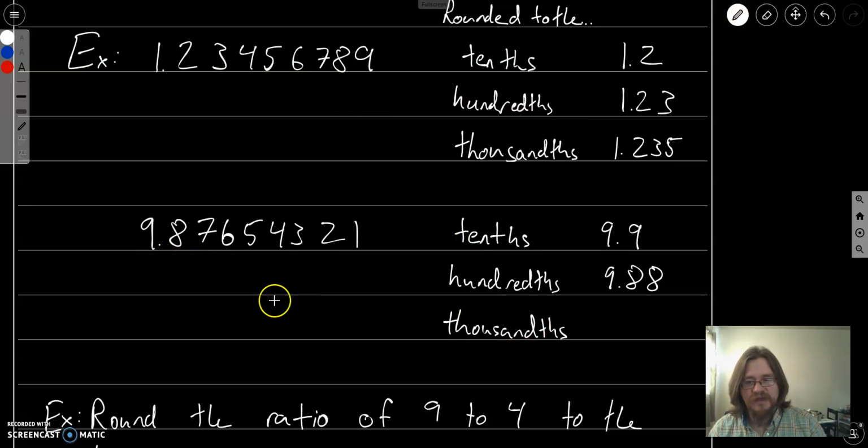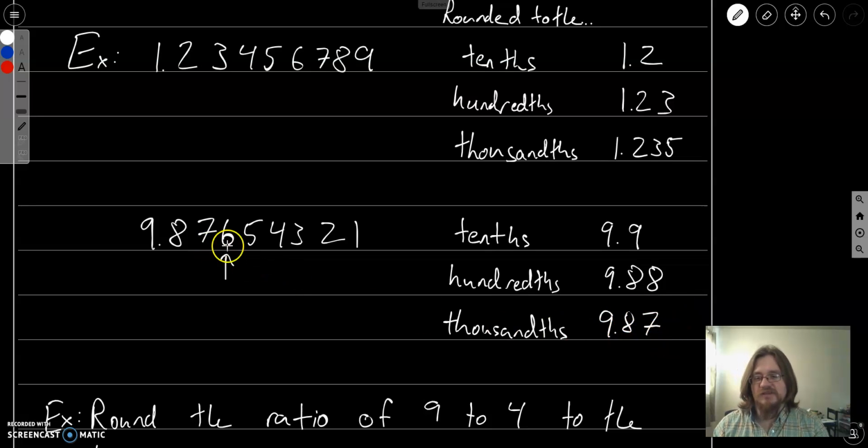Lastly, if we want to go out to the thousandths place, okay, so we've got 1, 2, 3, so this is the third position after the decimal. This is the thousandths place. So we're going to have 9.87 and then something. And then the question is, are we going to keep the 6, or are we going to round up? And we come to the next number, and it's a 5 again. So again, less than 5, we keep the same. Bigger than 5, we round up.